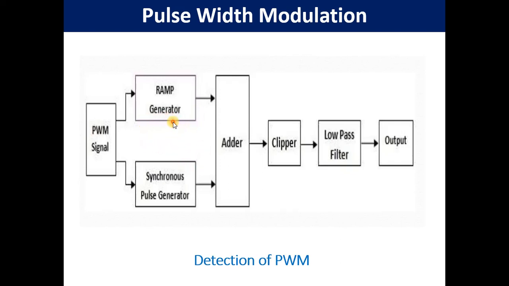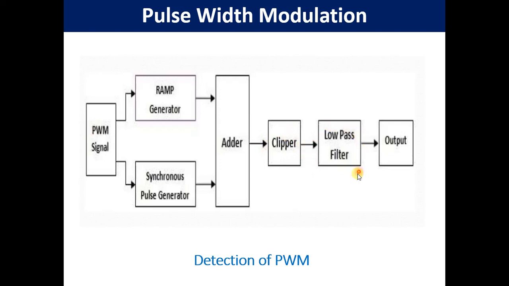The constant amplitude pulses at the output of the synchronous pulse generator are then added with the ramp in the block adder. The output of the adder is then clipped off at a threshold level to generate the PAM signal at the output of the clipper.